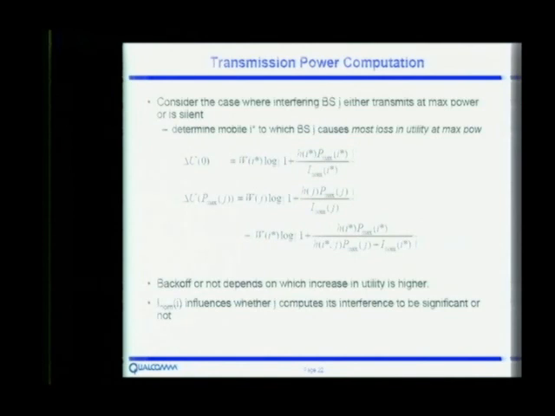One is the rate that this link I would see, so the gain in the utility or gain in the metric WI times rate that you would get if you backed off completely, and the gain you get when you transmit at maximum power. So when you back off completely, it's only link I which is going, so it will get this. If you went, it assumes it will get the rate at the nominal interference, plus link I would get the rate at the nominal interference plus interference.